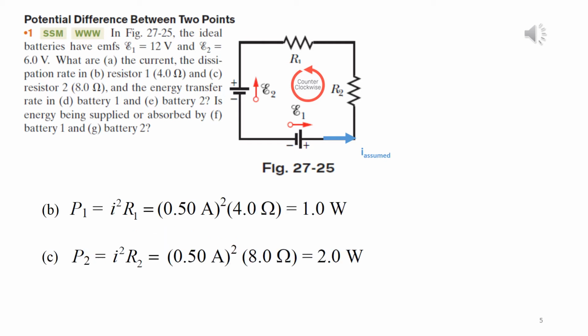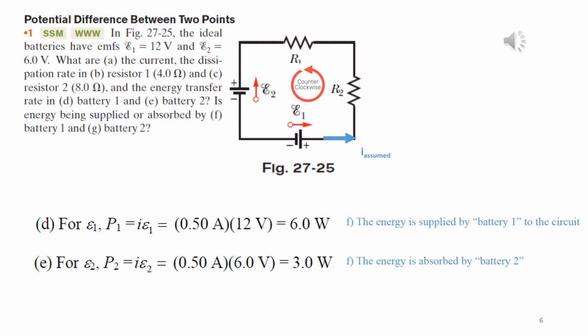In parts B and C, they need the energy transfer rate. When we say energy rate, we don't mean energy, we mean power, in resistor 1 and in resistor 2. Power is usually U times I, meaning voltage times current. But since the voltage here is RI, I can apply Ohm's law, so I can replace it by R I squared.